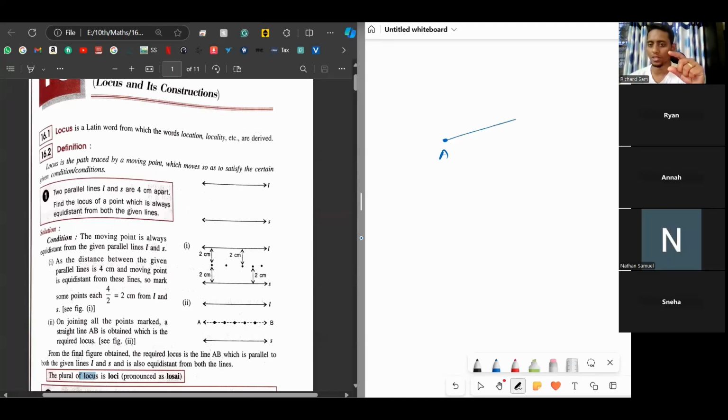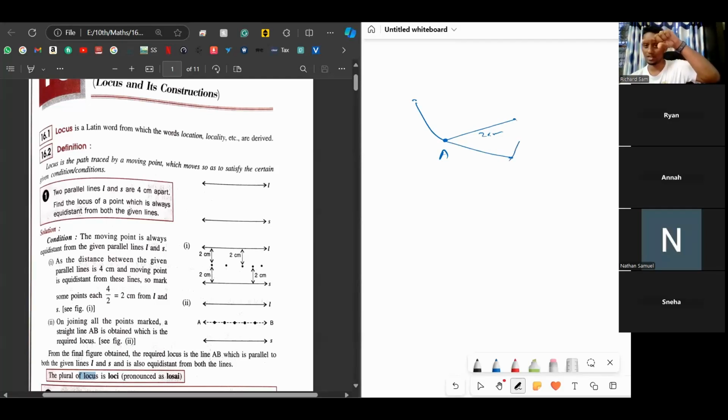If I go 2 centimeters in this direction, I'll get a point here. If I go 2 centimeters in that direction, I'll get another point here. All these points, if you connect, what will I get? I'll get a circle. So I have to take a compass, radius 2 centimeters, and draw a circle around this point. And this circle is the locus of a point that is 2 centimeters away from A.